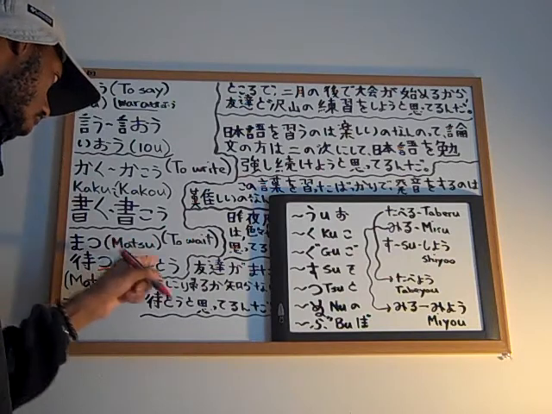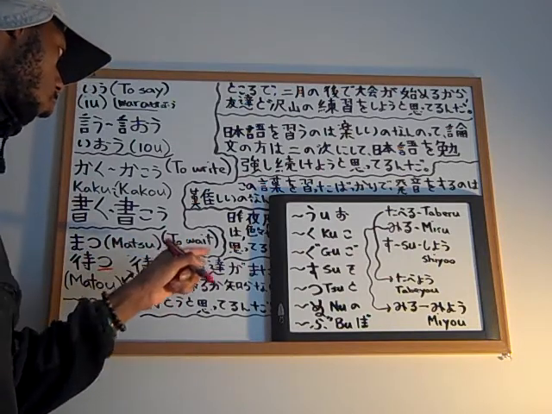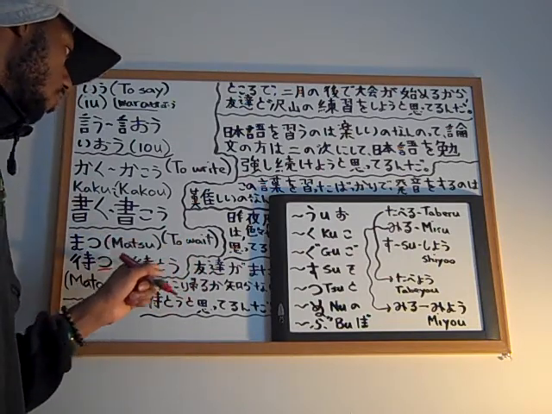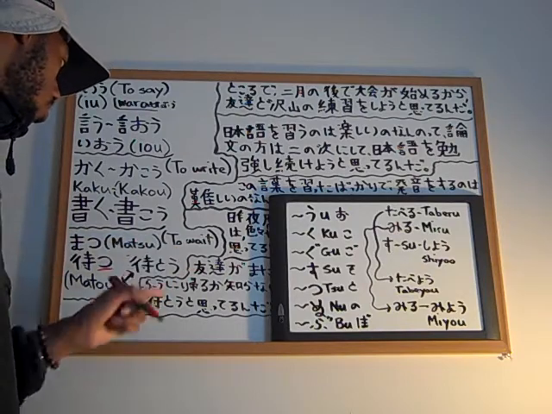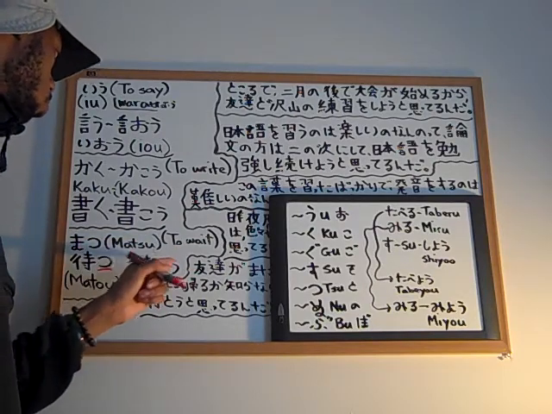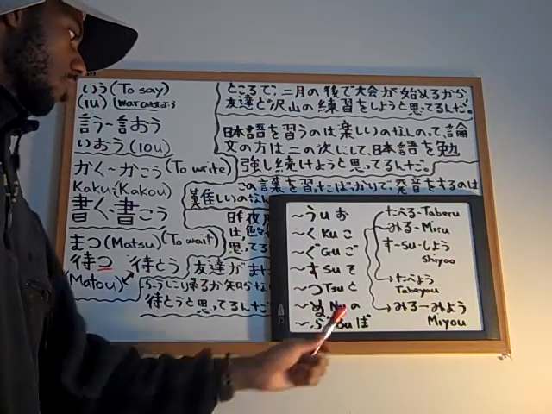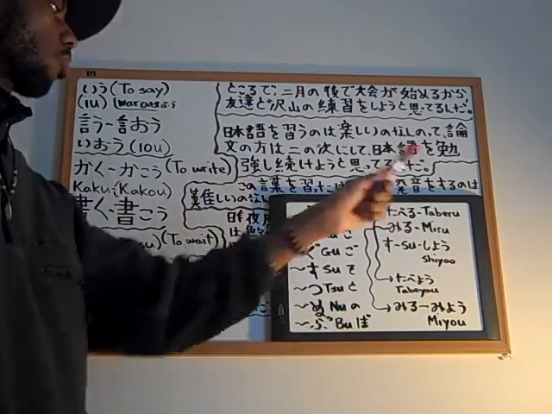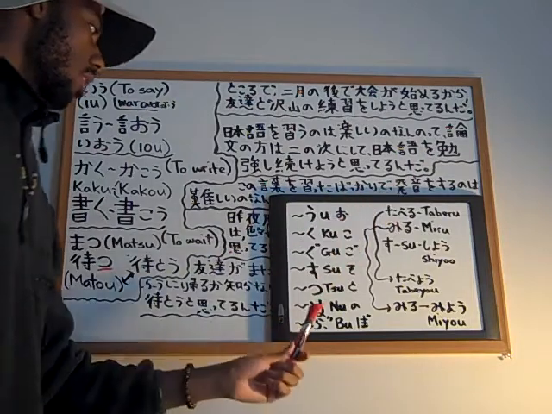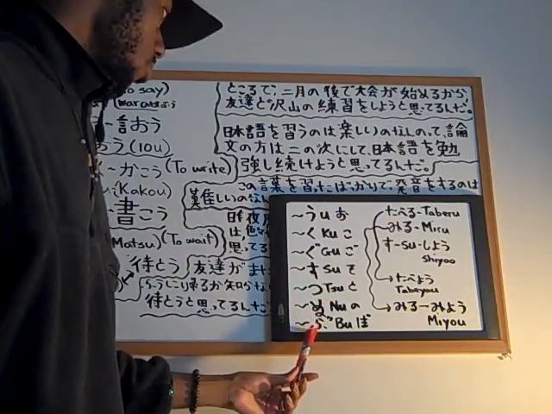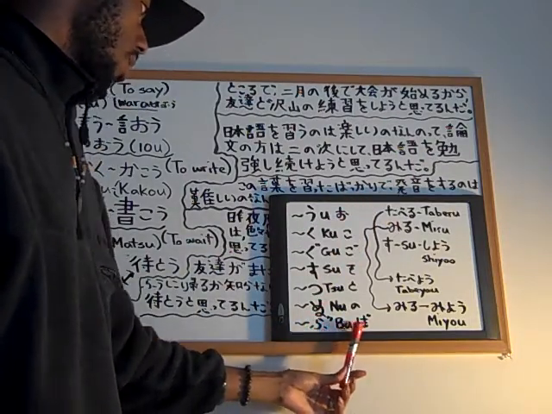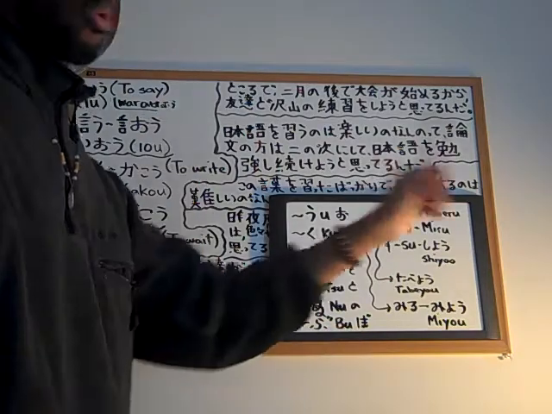What's going to happen? It's going to turn to to. Matou. This is from matsu, to wait. Matsu, matou. If it's nu, it's going to turn into no. If it's bu, it's going to become bo.